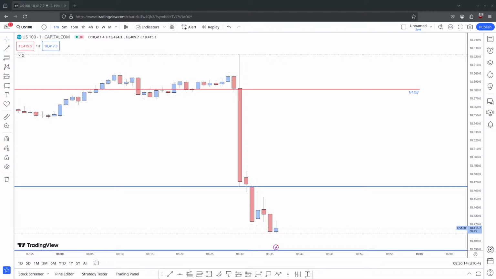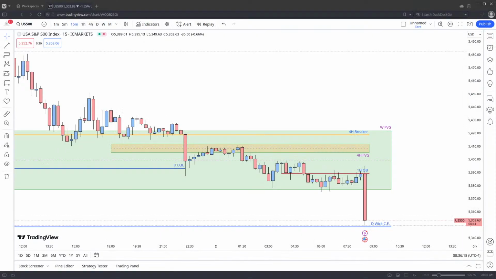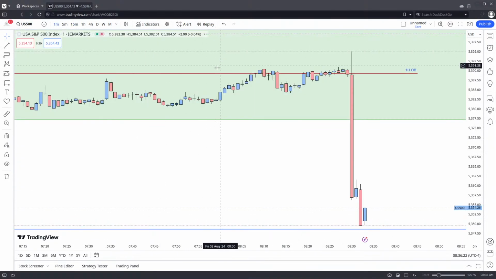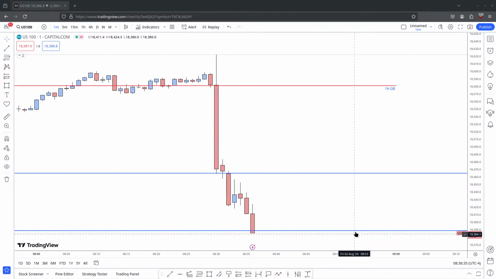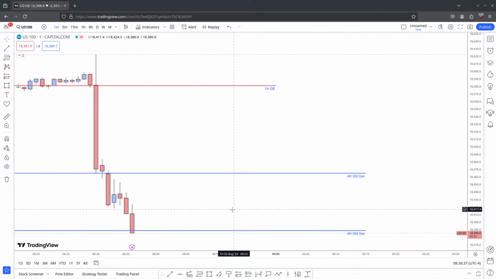Let's switch over into that quickly. US 500. See, there's that. NAS is about to take that 4-hour low as well. And there's that 4-hour low. There's that.